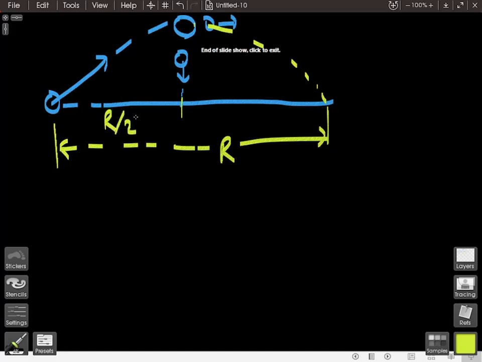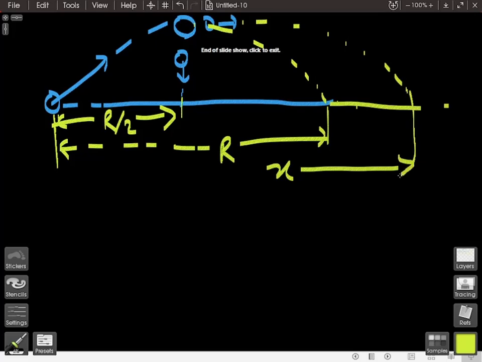And then the other piece will continue its journey. It will fall a little bit farther away. Suppose it falls at a distance x. So the 5 kg mass falls at a distance x.